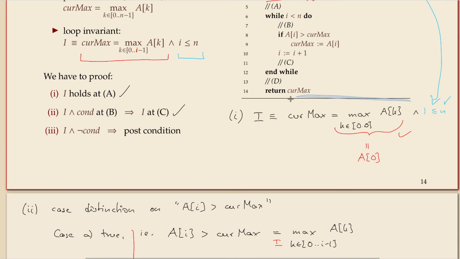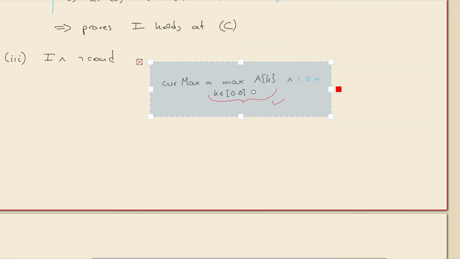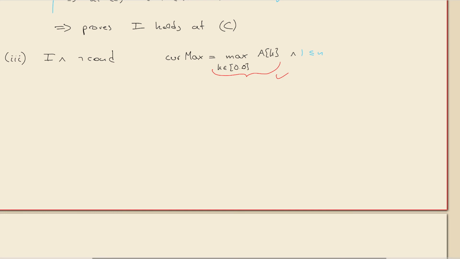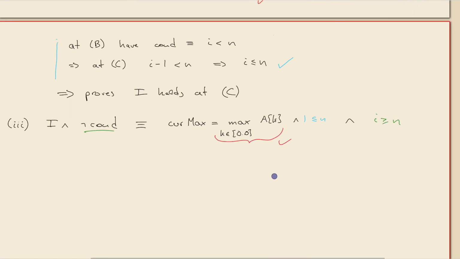And I'll spare you another round of me typing this, copying it. So that's the 2 bits of I, but then we also have not the condition. The condition was that I is strictly less than n. So not the condition is I greater equal n. Mark that here.